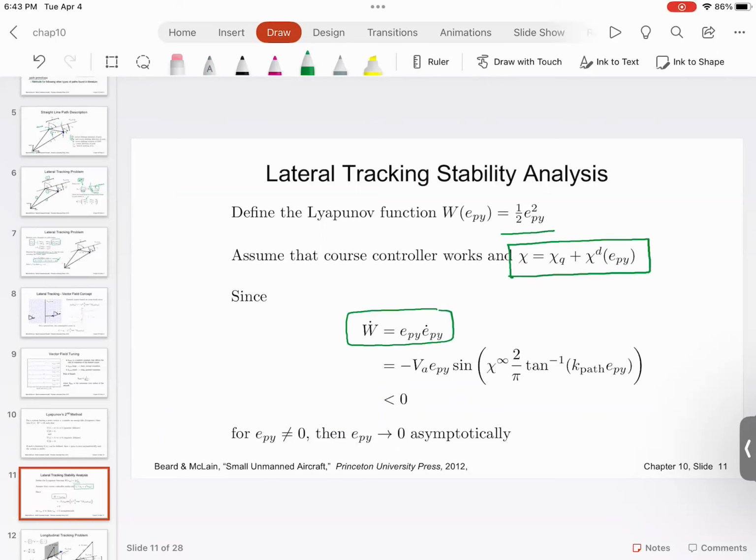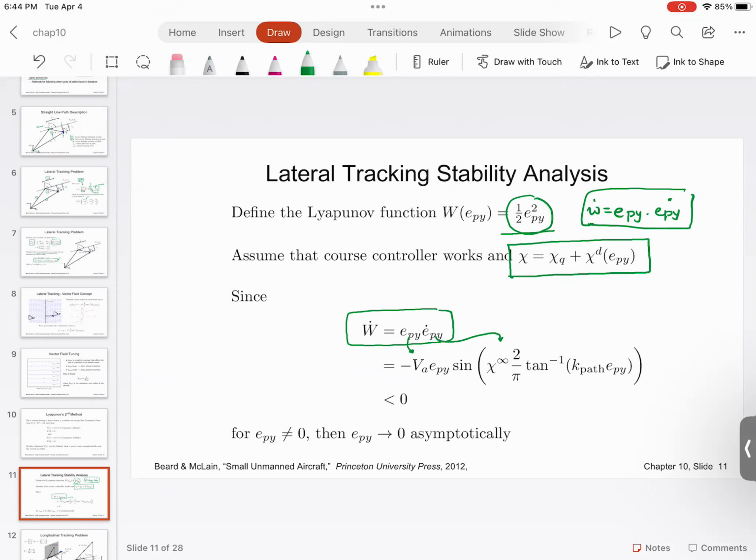I'm going to substitute the value of e_py and the value of e_py dot, because since this is the function, the derivative is going to be e_py multiplied by e_py dot. So this is going to be W dot. And if I can show that my W dot is going to be negative, then I can say for sure that my error e_py is going to go to 0.